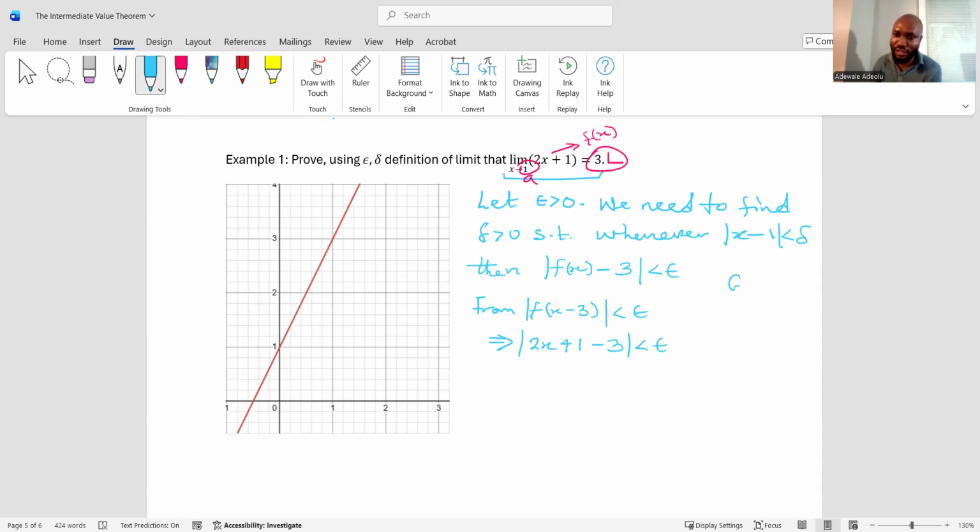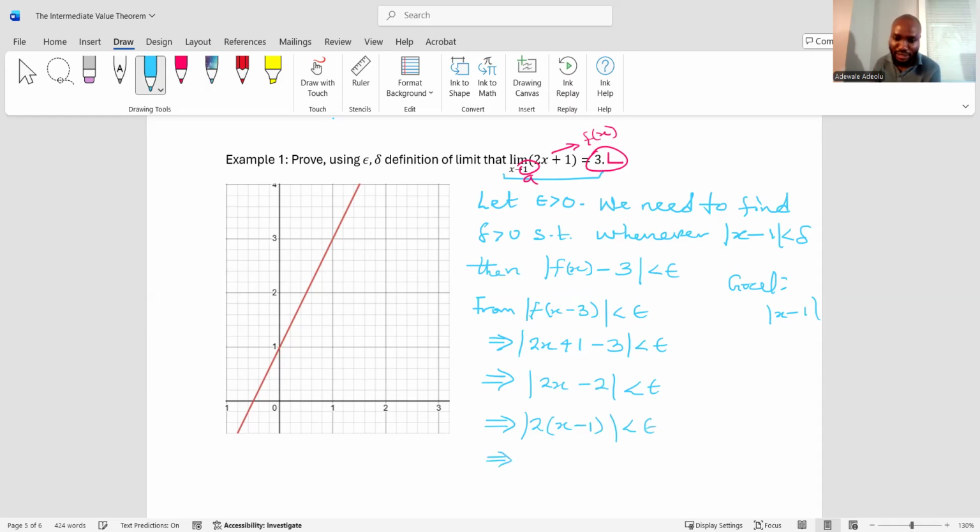Let us carefully know where we are heading to. Our goal is to find something like this, x minus 1, right? That is our goal. So let us see if we can carefully write that. So that is |2x - 2| less than epsilon. That implies that 2 into |x - 1| less than epsilon.